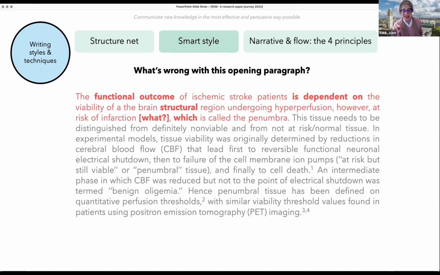So when I read this sentence, the object of the sentence is not ischemic stroke, is not, for example, image, it is functional outcome, and it is dependent on something. So the direction that it gives me on the paper is that you're going to probably propose a solution, or you're going to investigate the functional outcome. So that's your area of research.